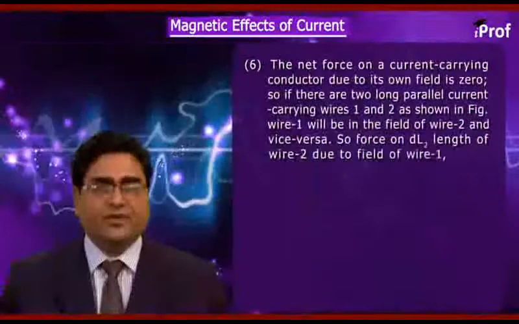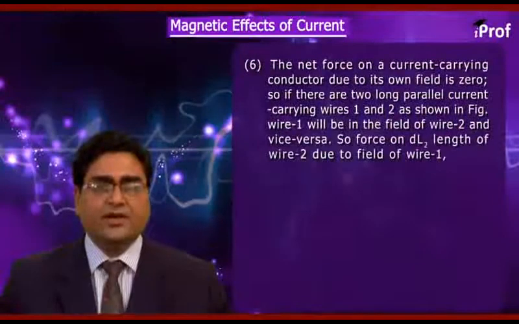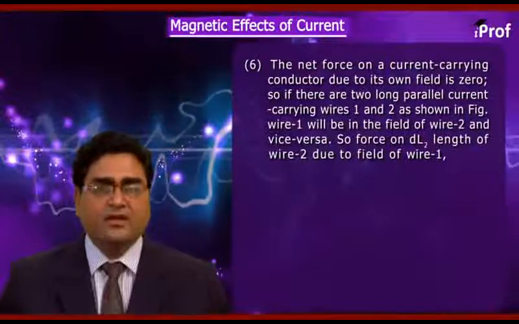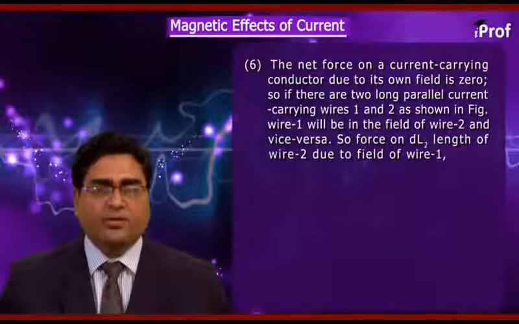Sixth, the net force on a current carrying conductor due to its own field is 0. So if there are two long parallel current carrying wires 1 and 2 as shown in the figure, wire 1 will be in the field of wire 2 and vice versa.